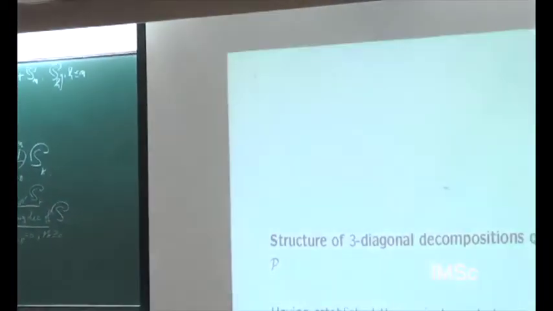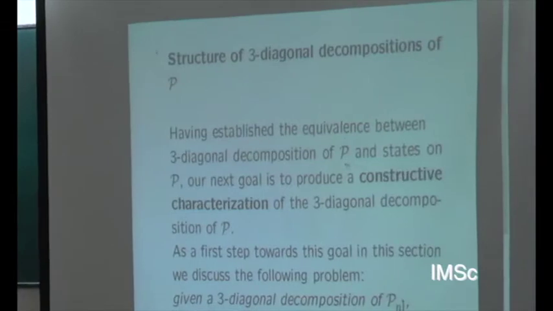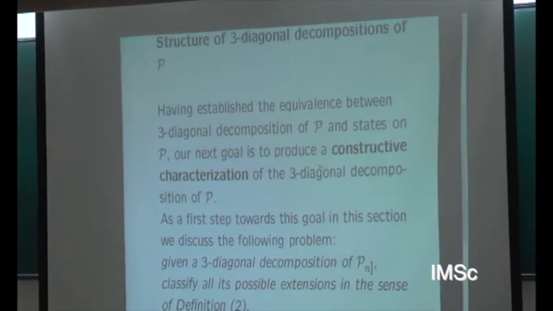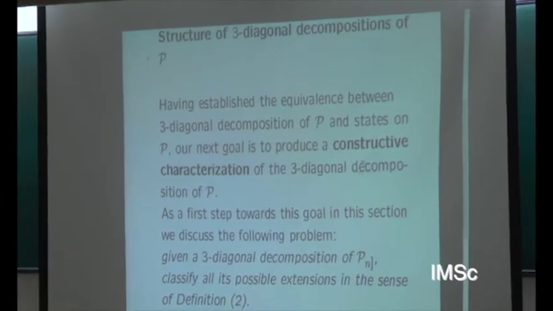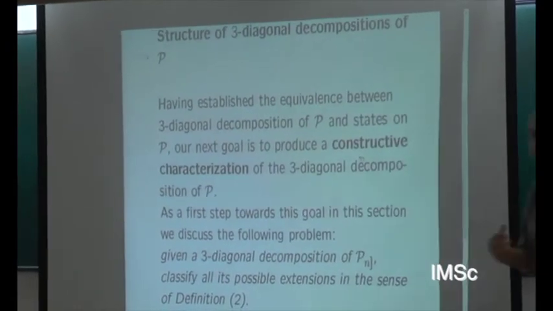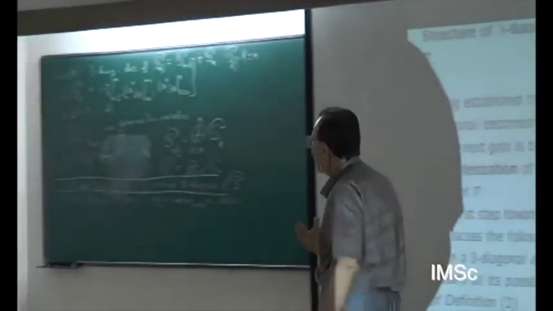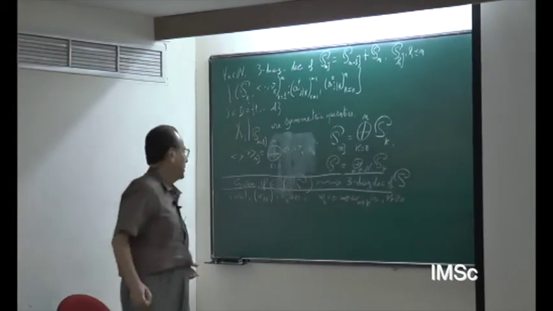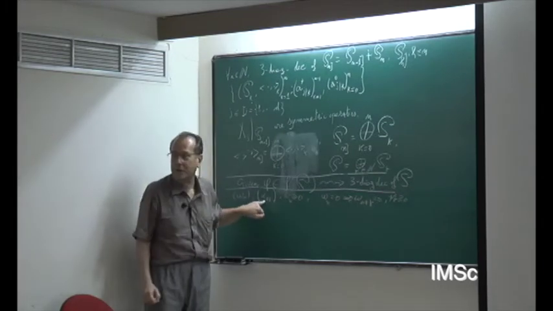Okay? Now, we have established this one-to-one correspondence, and now what do we want to do? We want to give a less abstract, a constructive version. I want to reproduce the analog of this theorem.